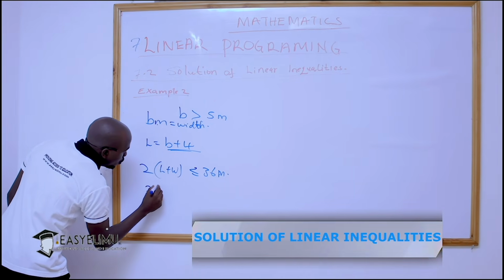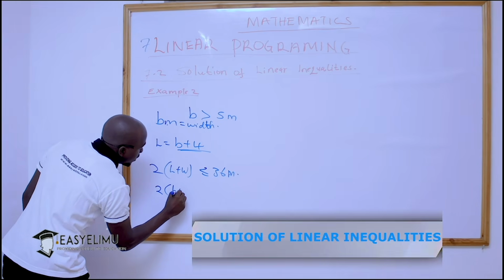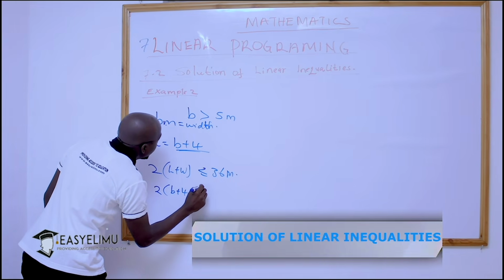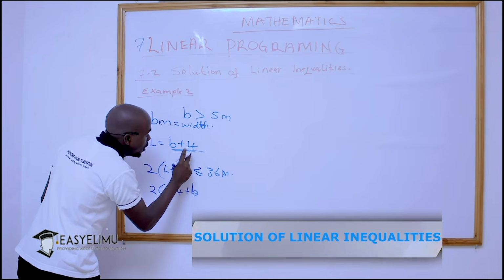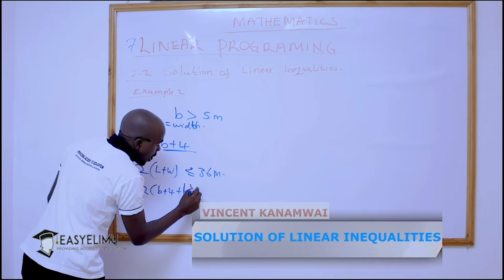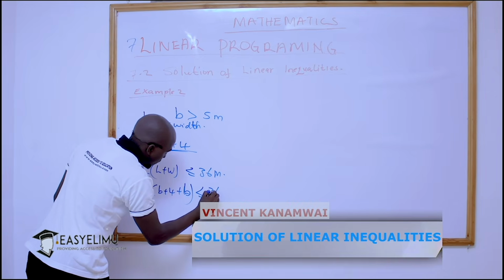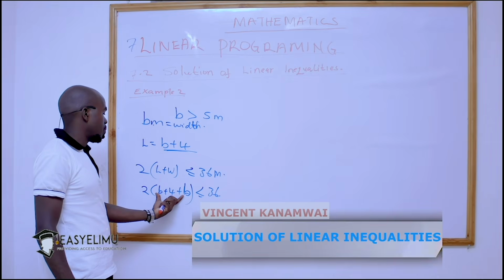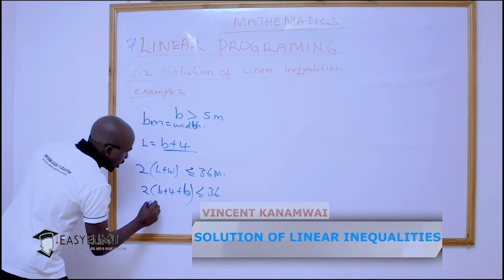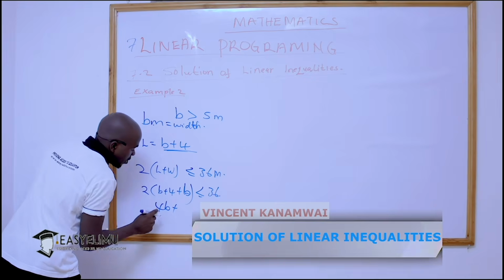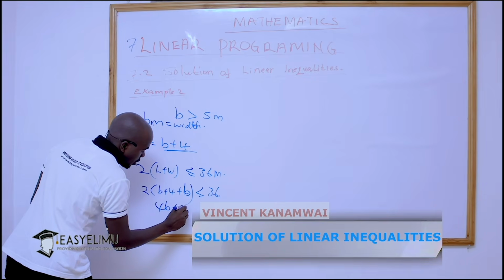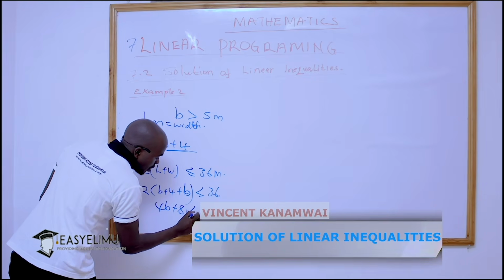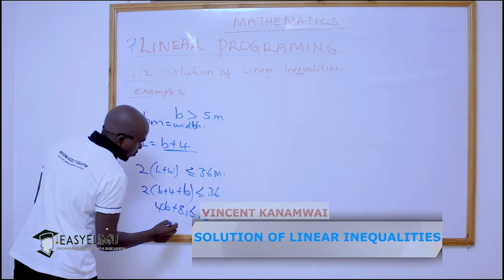We are getting 2 times length, which is b plus 4, plus width, which is b. It should be less than or equal to 36.